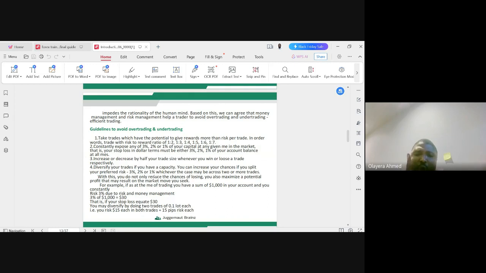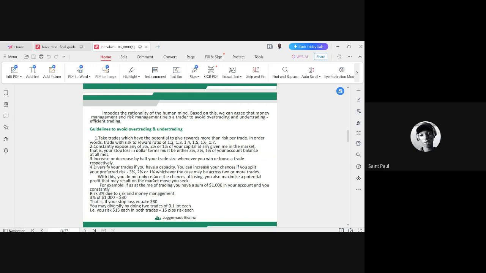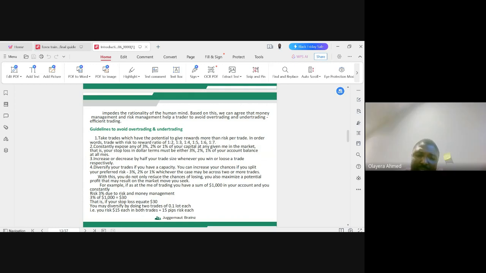EUR/USD and GBP/USD most times move in the same direction. So if I want to buy EUR/USD, that means GBP/USD too is about to go up. So I can buy EUR/USD and risk $1.5 and buy GBP/USD and risk $1.5.